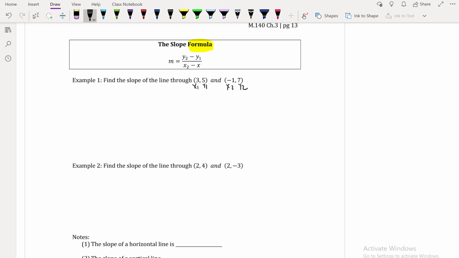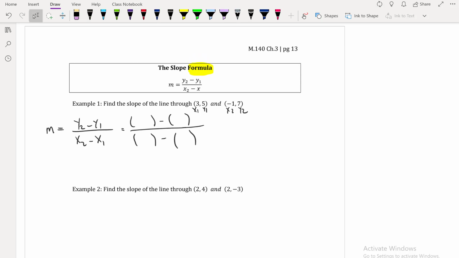So now we're just plugging in values. If m is equal to y2 minus y1 over x2 minus x1, we would have some values that we are plugging in. And it's a good habit to put in empty parentheses when you're plugging in values, so in that way you can see what's going on.